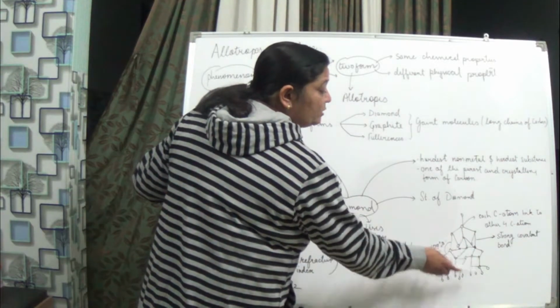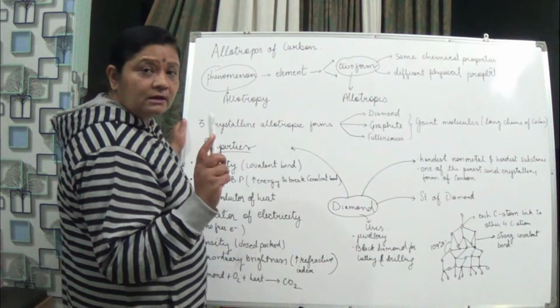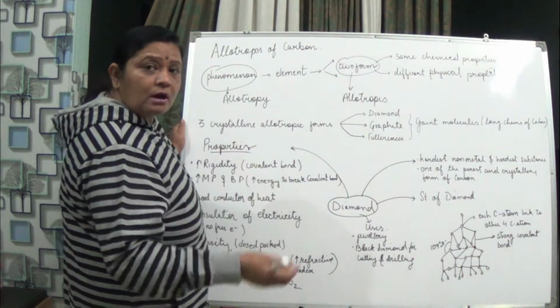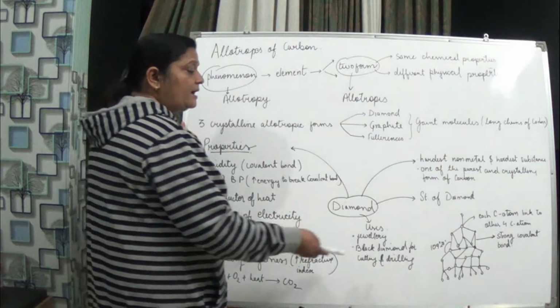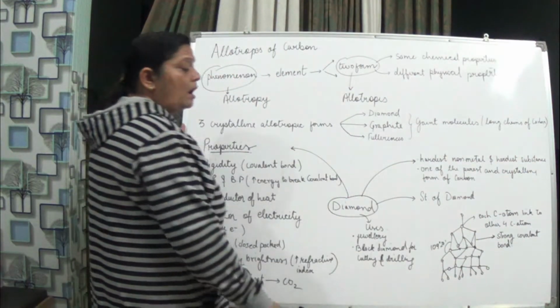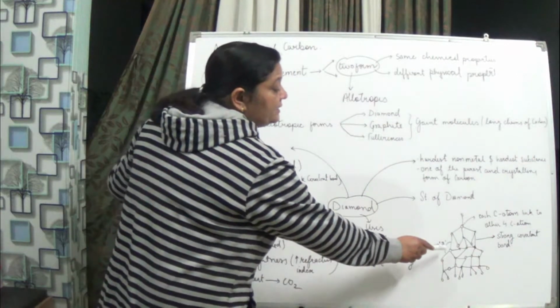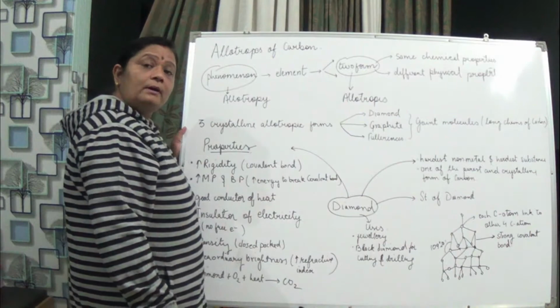A strong covalent bond, because there is no space in between. All the carbon atoms are joined to other four carbon atoms, and we can see the angle in this. It is making an angle of how much? 109 degrees 28 minutes. This gives it a tetrahedral shape also.